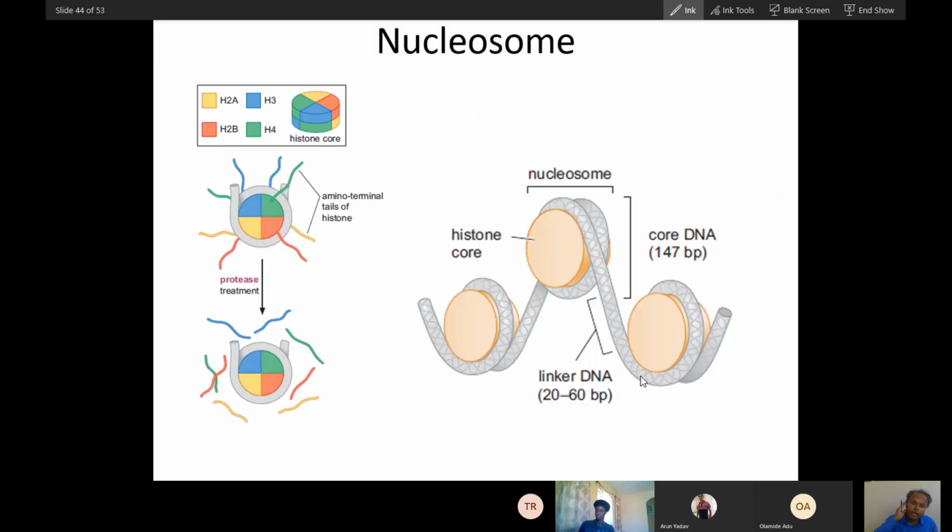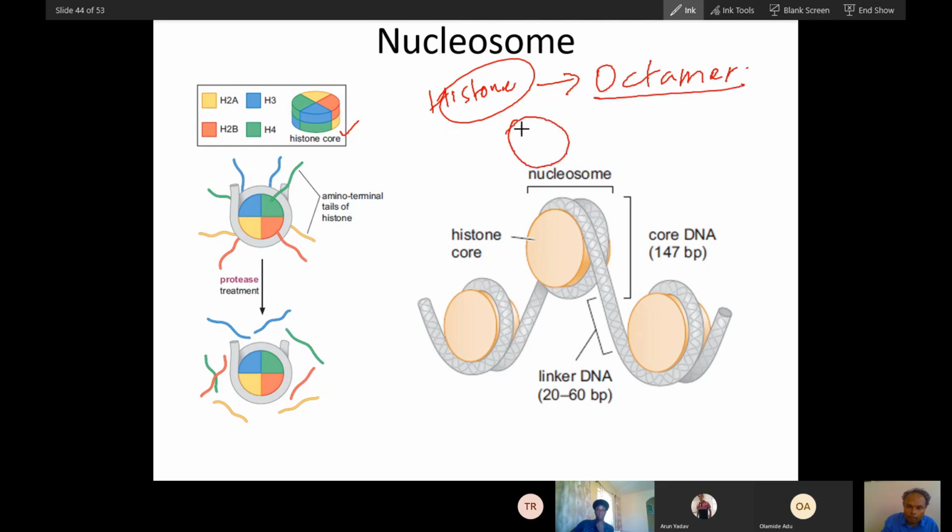Now, what is this bead? The bead is very important. This bead is histone. This histone is an octamer. Remember, it is an octamer made up of two tetramers. These two tetramers, when they come together, become an octamer.